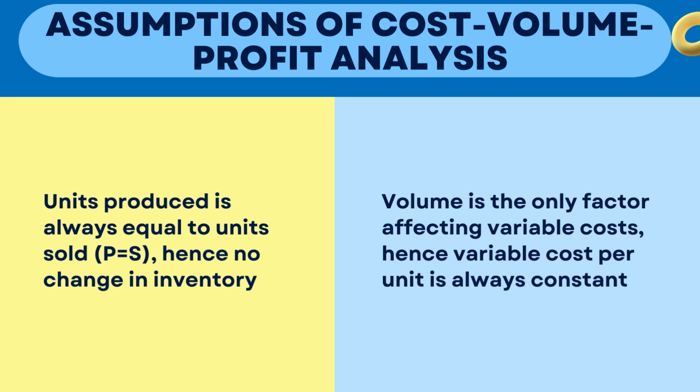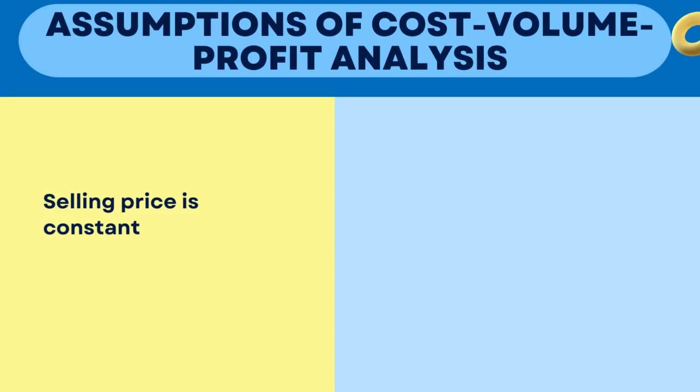So the volume is the only factor na nag-change sa variable cost. So the variable cost per unit is constant regardless of the changes in other costs. Last assumption is that selling price is always constant. So yun yung limang assumption ng cost and volume profit analysis.